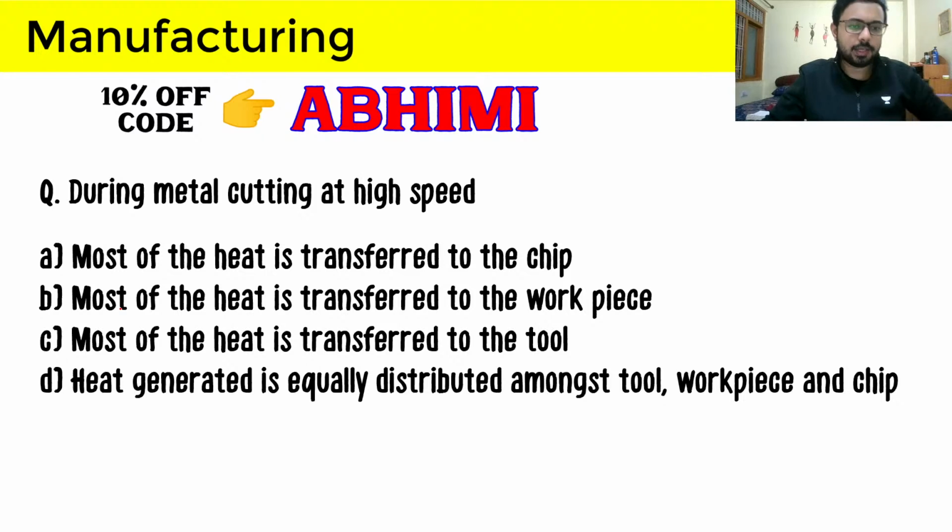Or is heat generated equally and distributed amongst tool, workpiece and chip? Equally distributed is not the correct answer. The correct answer we will see after drawing this graph. I think you will get to know this properly.